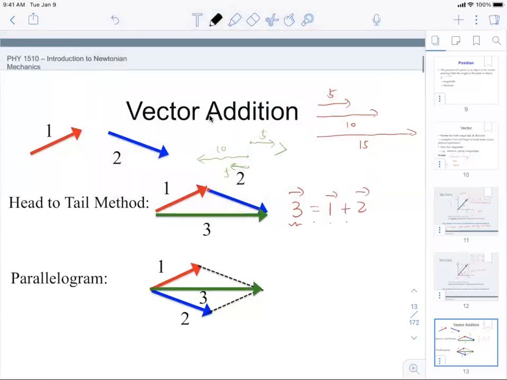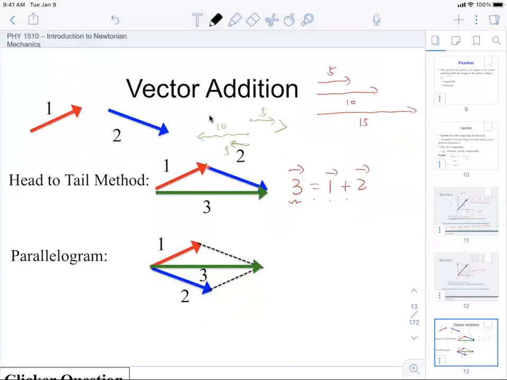The second way to draw the addition is to follow a parallelogram. So let's say you have a 1 and 2. I am bringing 2 so that the tip of 2 and 1 are overlapping. So I have 1 here, 2 here, and I am drawing a parallel line for 2. To draw a parallelogram, simply draw a dashed line which is parallel to 2.